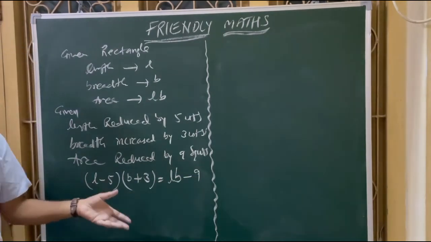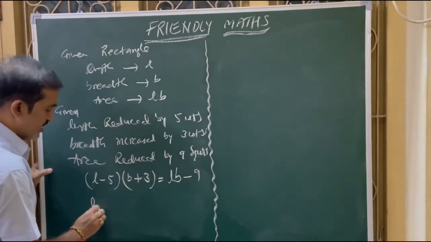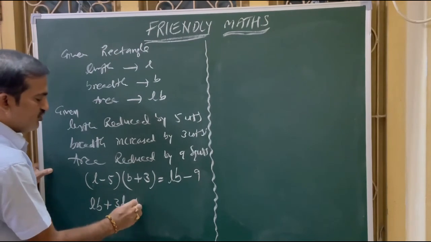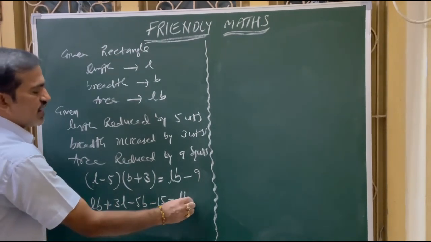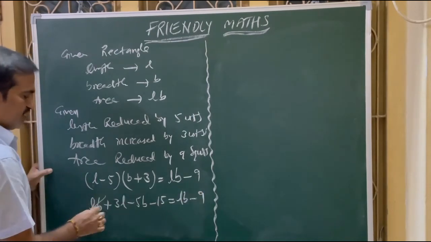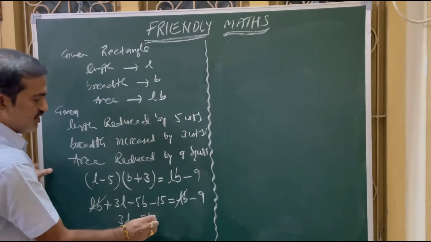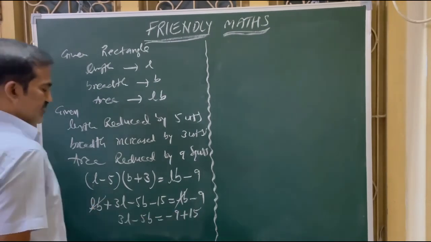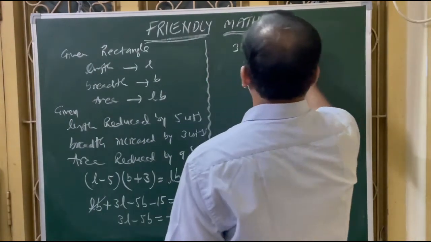But we have to get a linear equation in terms of L and B. First multiply L into B. LB plus 3L minus 5B minus 15 is equal to LB minus 9. This LB is going to be cancelled. 3L minus 5B is equal to minus 9 plus 15. 3L minus 5B is equal to 6.